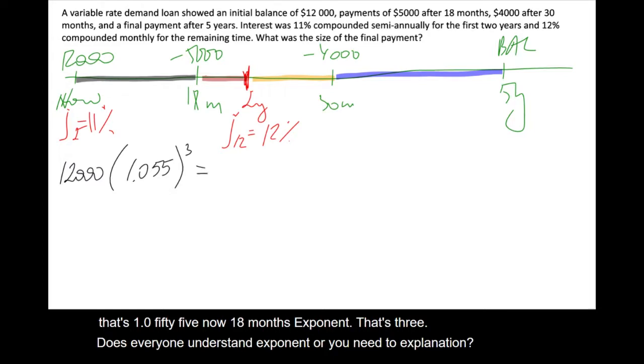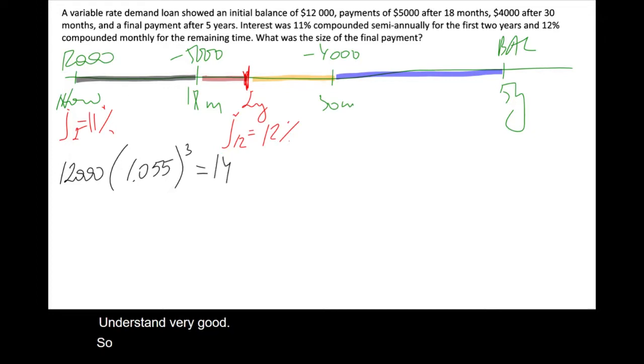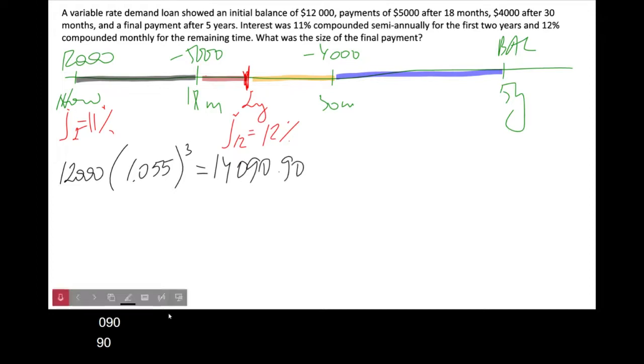Understand, very good. So 14 90. At that brave moment, we pay $5,000.